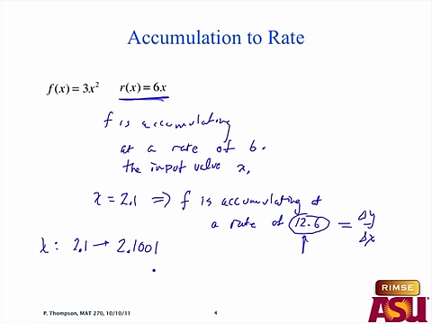How much would y change as x changed from 2.1 to 2.1001? What would our change in y be, using the rate to find it? So you use the rate to find how much y would change.